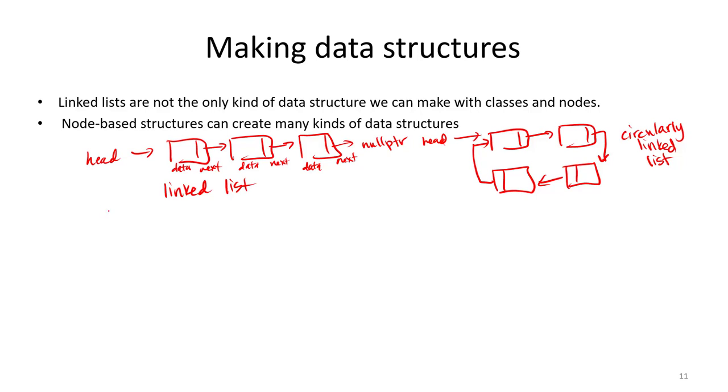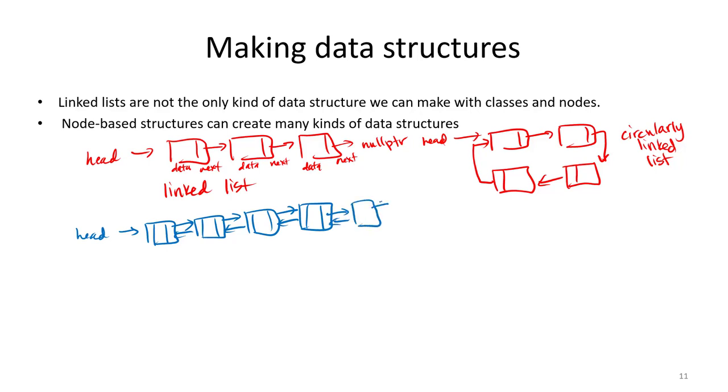There's also things like doubly linked lists, where you can actually have 2 pointers on each node. So if your node contains 2 pointers, then you can move both forward and backward in the linked list.